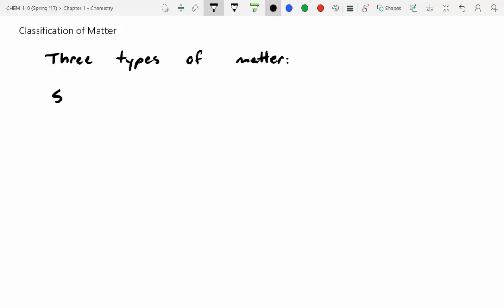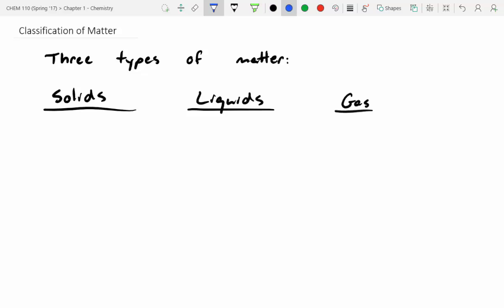So solids, liquids, and gases. All right, and let's make some observations. So with solids, what happens if you put it into a container? It just sits there, right? So it retains its shape. A liquid, on the other hand, will do what when you put it into a container? Yeah, it'll take the shape of the container.